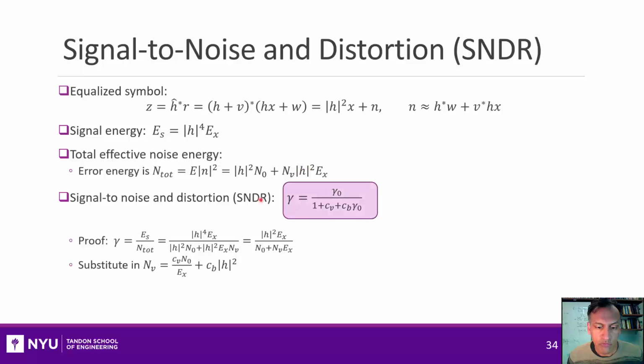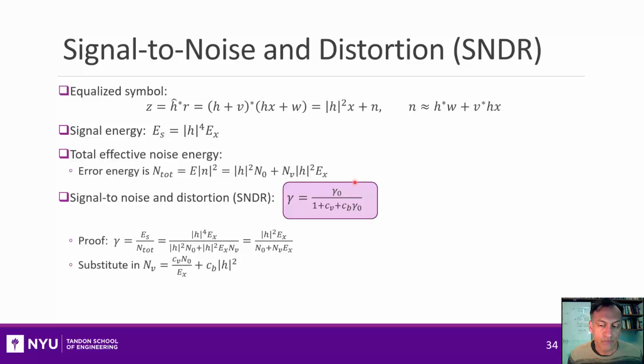But if we remember that Nv is itself the sum of these two terms, we get this very interesting expression for this effective signal-to-noise ratio, or what you could call the signal-to-noise and distortion ratio, because it includes both the noise and the distortion from the channel estimation error.